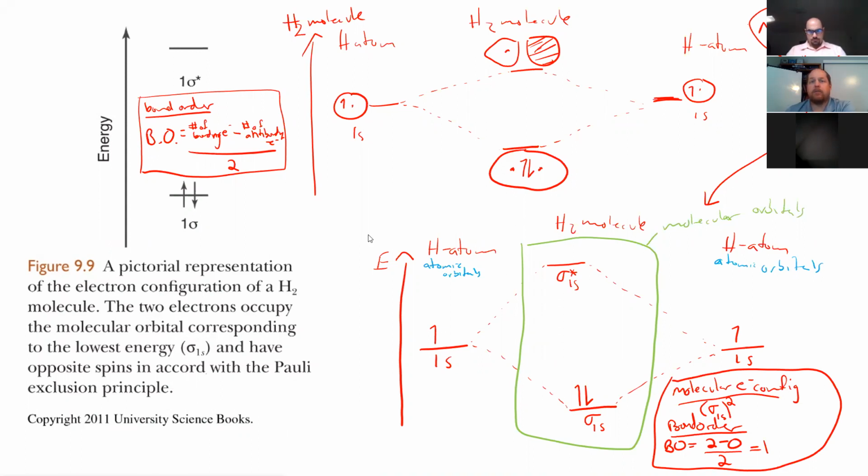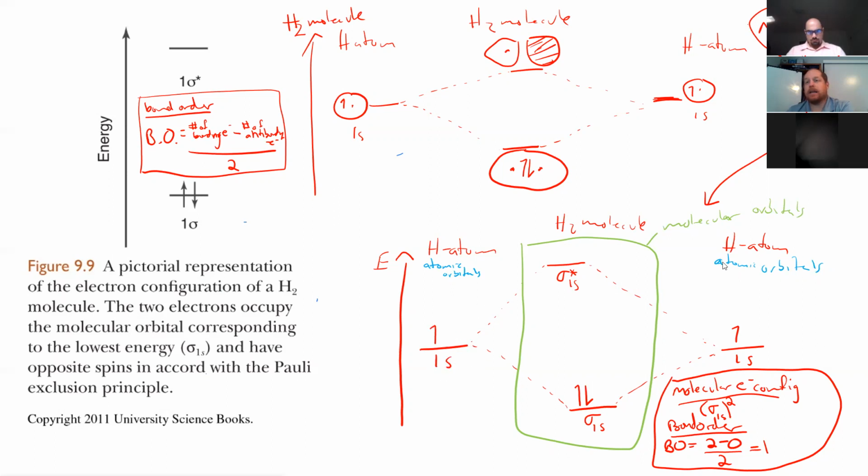We have the energy axis on one side of our molecular orbital diagram, and we have one hydrogen atom represented. The valence orbital is the 1s orbital, and there's one electron in a hydrogen atom.